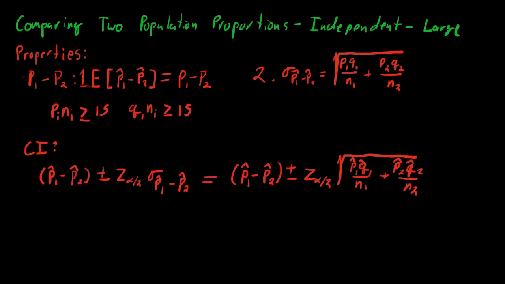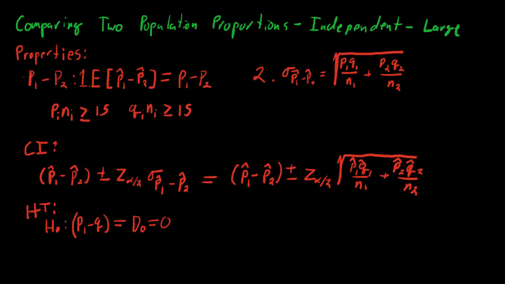The final piece we're going to look at is how to do a hypothesis test for this. The null hypothesis is all going to be the same. H naught is P1 minus P2 equal to some D naught value, and most of the time we're going to set that equal to 0.